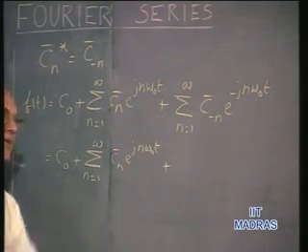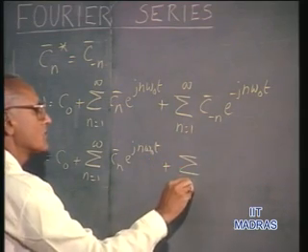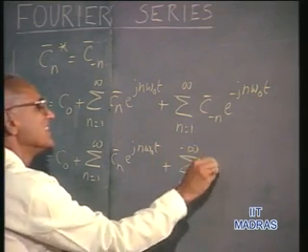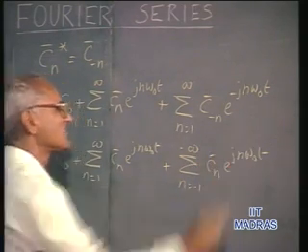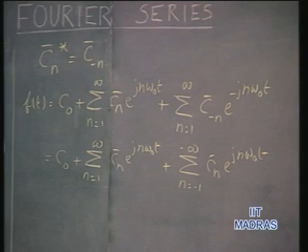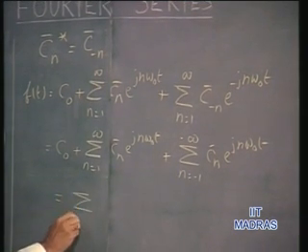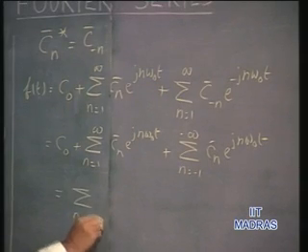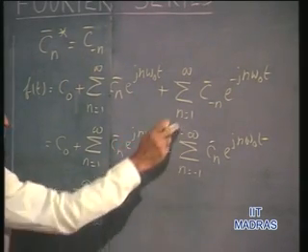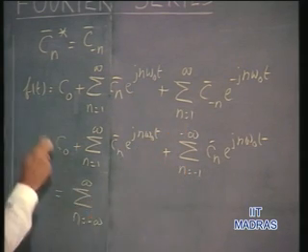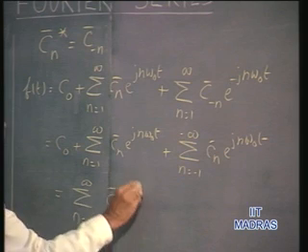When you change the dummy variable of summation from minus n to n, this n goes from minus 1 to minus infinity, with Cn e to the power of jn omega naught t. Combining these two, I can write n from minus infinity to plus infinity, including 0, minus infinity to minus 1, 0 and 1 to infinity, Cn e to the power of jn omega naught t.